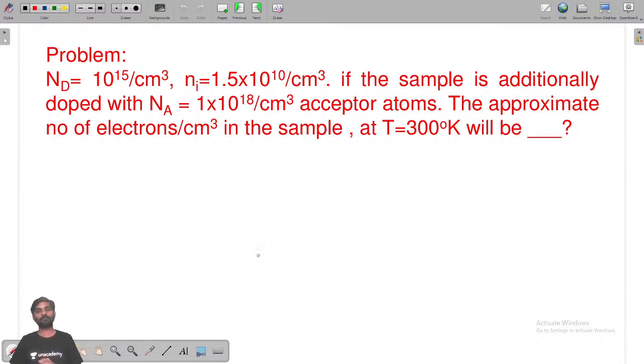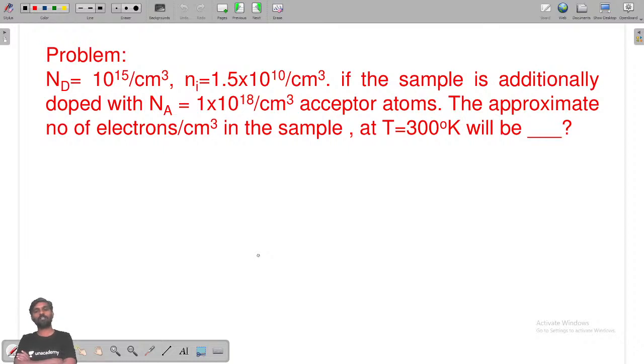You see this problem? ND is 10 to the power 15 per centimeter cube. Ni, intrinsic concentration, donor concentration.